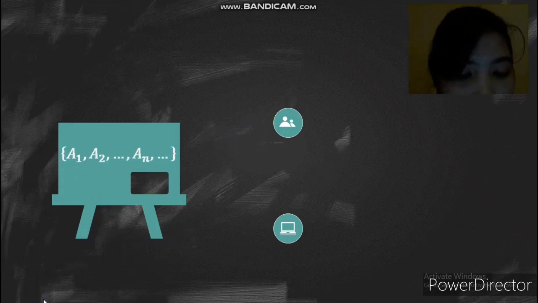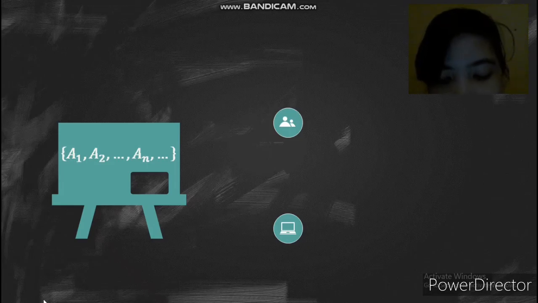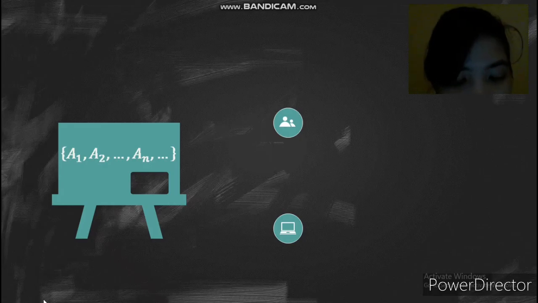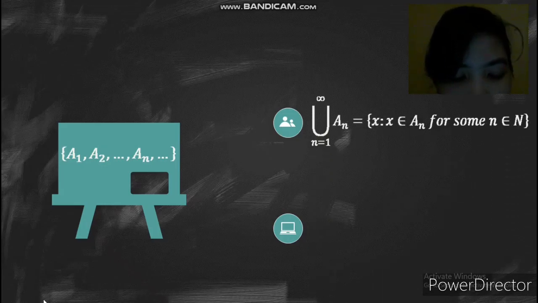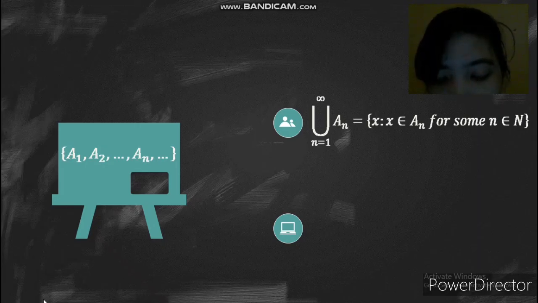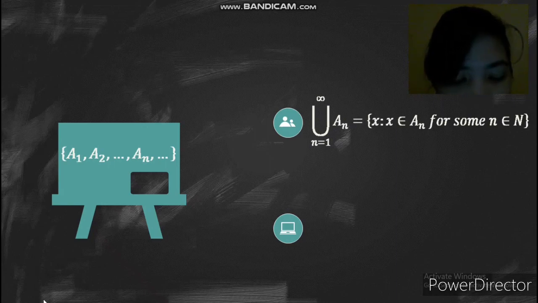This is extended to an infinite collection of sets as follows. Their union is the set of elements that belong to at least one of the sets An, and in this case we write the union of An. Similarly, their intersection is the set of elements that belong to all of these sets An, and in this case we write the intersection of An.